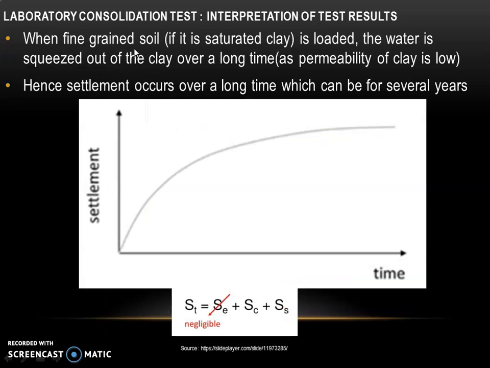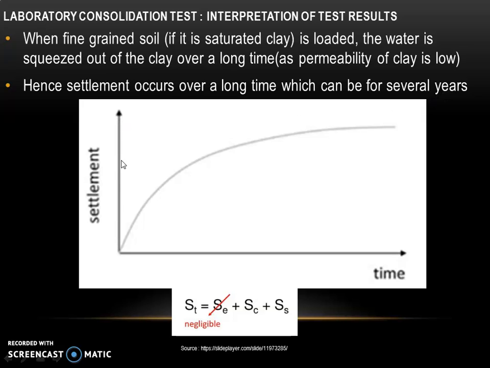But when a fine-grained soil, that is saturated clay, is loaded, water is removed from the voids over a longer time, as permeability for clay is low. Hence, settlement occurs over a long time, which can be several years.